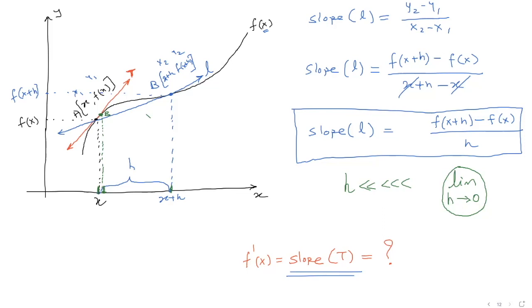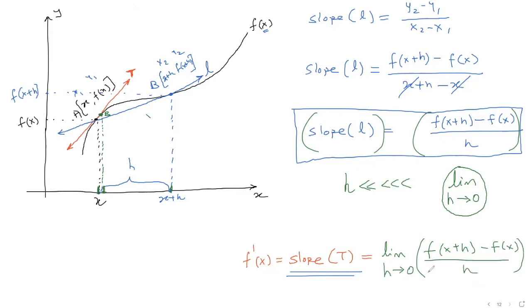So what is the slope of a tangent? The answer is, whenever you take the limit as h approaches 0 of the slope of L, which is f of x plus h minus f of x over h, that is where you find the derivative.